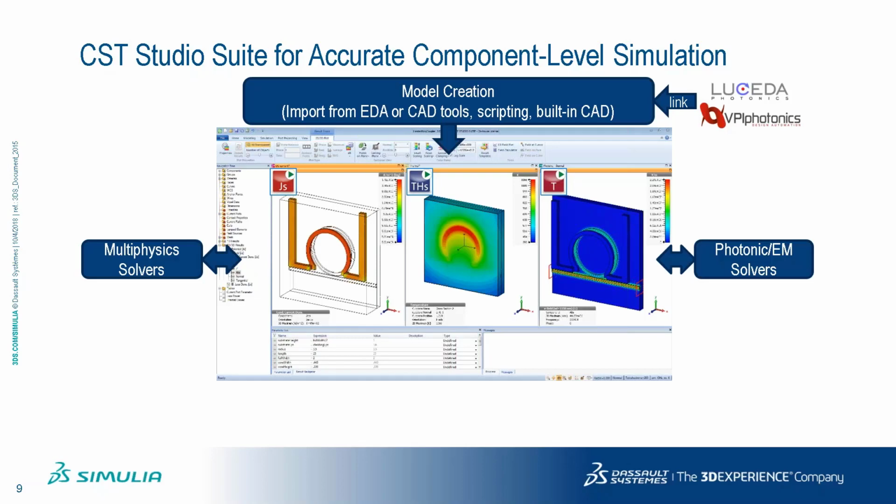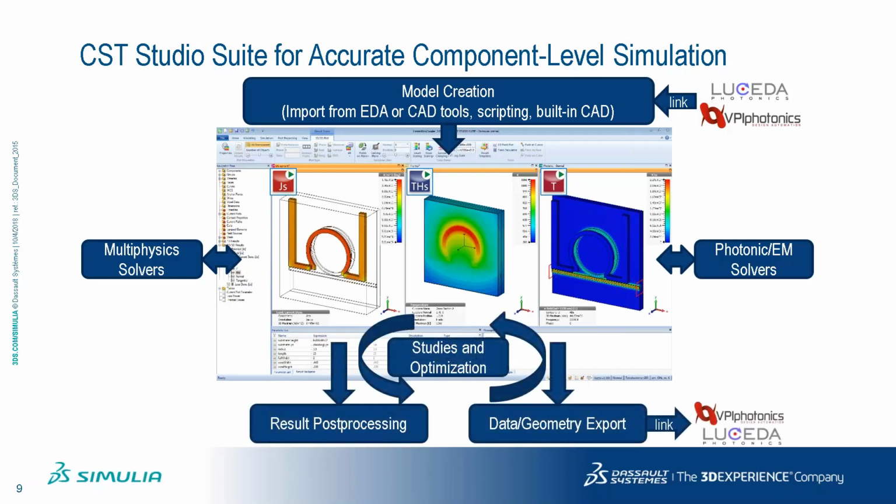And then once you have all of that information, you can run studies and optimization in the tool itself. You can extract certain values using result post-processing, or you can take the data and also the geometry and take it back to VPIphotonics, to the VPI Design Suite, or to Lucida Photonics IPKISS, where you then continue to work with the results.